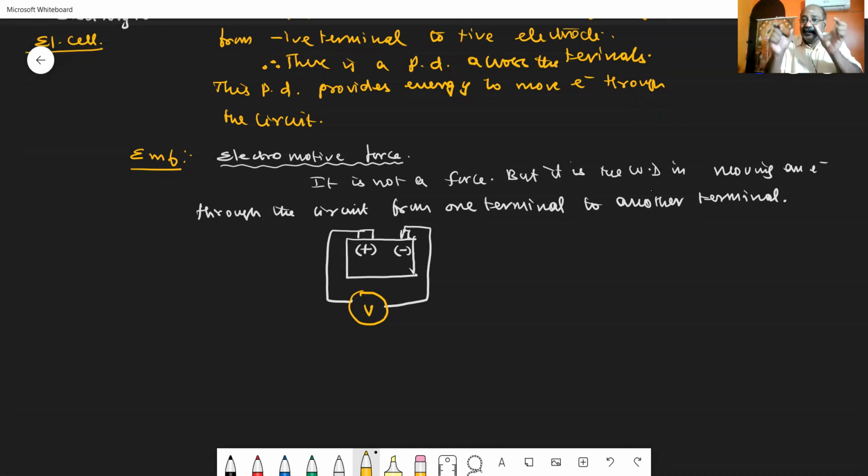In that case, the potential difference available is called EMF. So how can I define EMF, or understand EMF, or measure EMF?